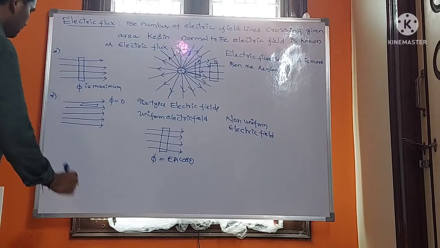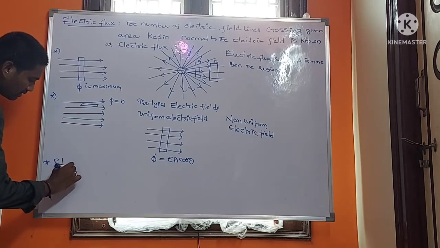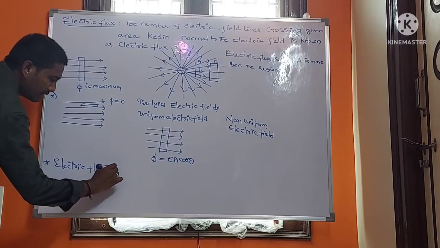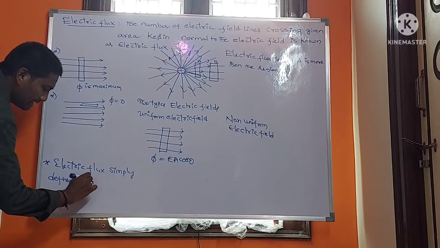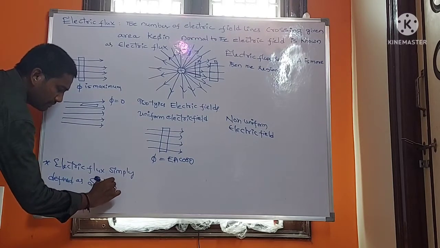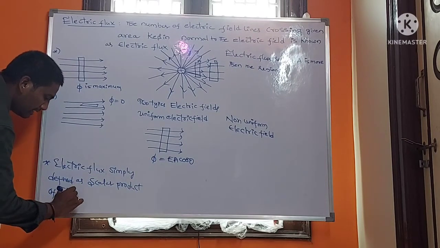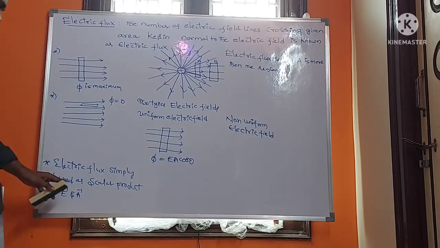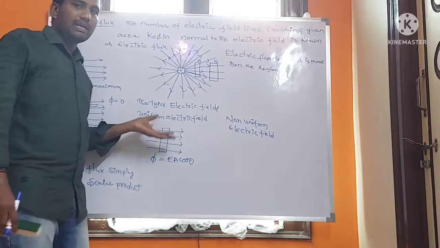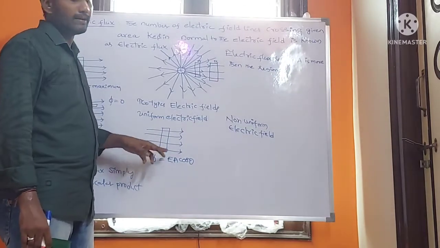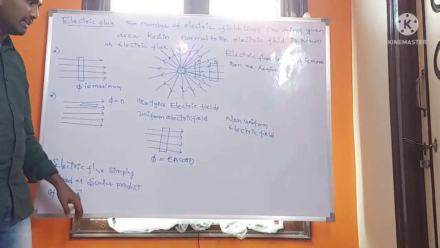Electric flux is simply defined as the scalar product of E and A, where E is the electric field and A is the area. It shows how much electric field is linked with the surface.